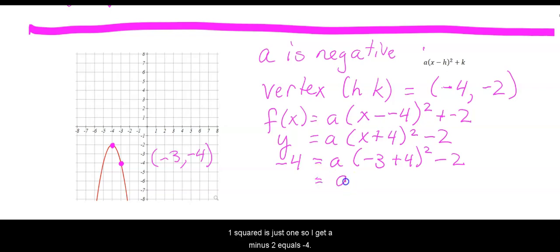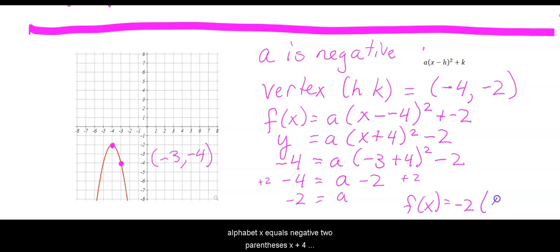So I get a minus 2 equals -4. When I add 2 to both sides, I get that a is -2. This lets me write the equation of the line as f of x equals -2 parentheses x plus 4 quantity squared minus 2. That would be the equation of the line.